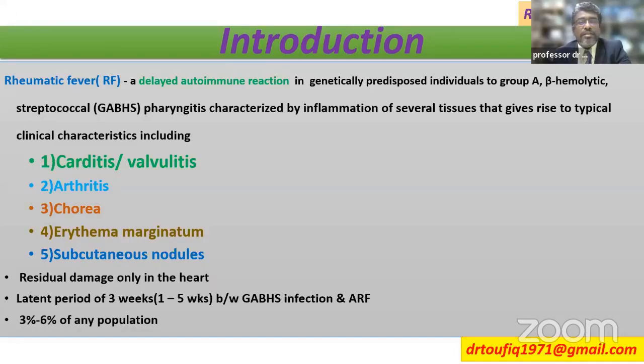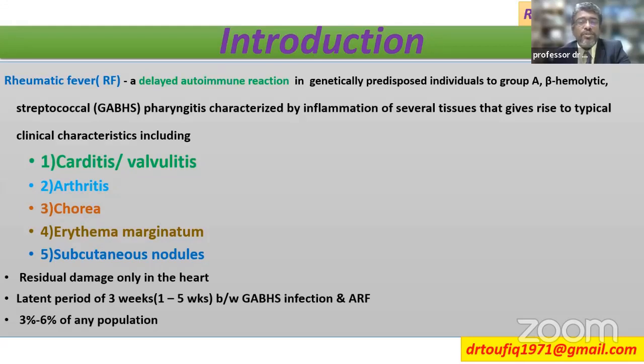Now, some introduction about rheumatic fever. Rheumatic fever is a delayed autoimmune reaction. Why is it delayed? Because this autoimmune reaction usually occurs at least 1 to 3 weeks after a pharyngeal infection, especially a streptococcal infection.